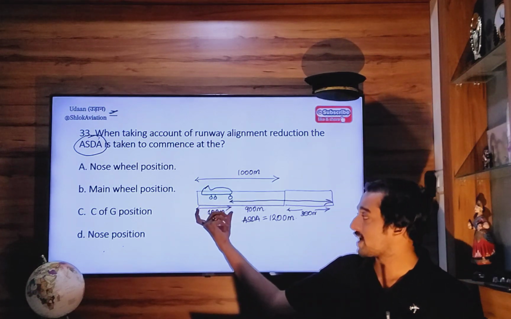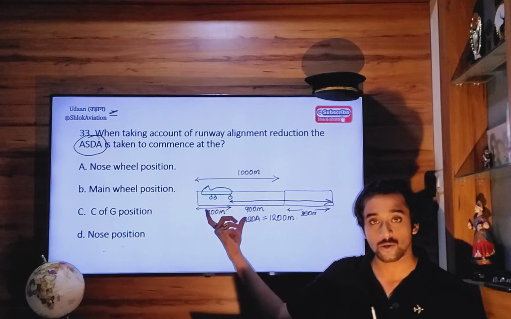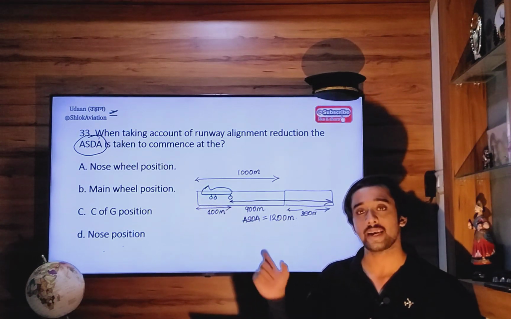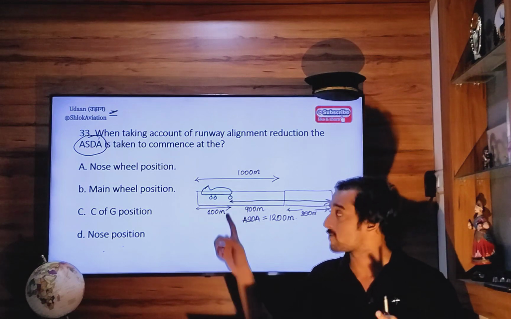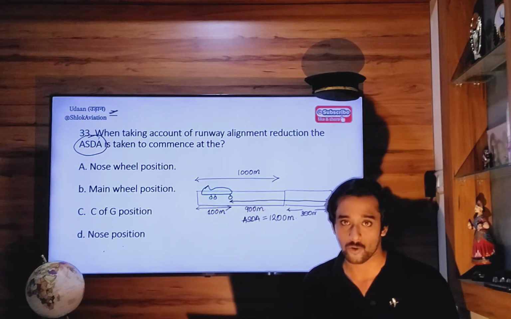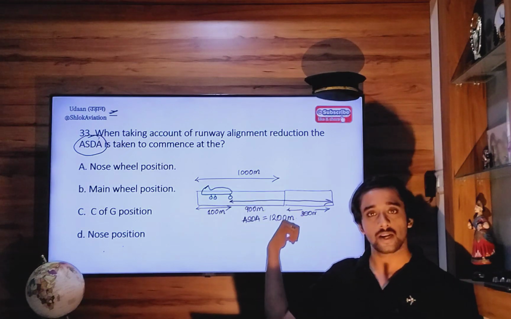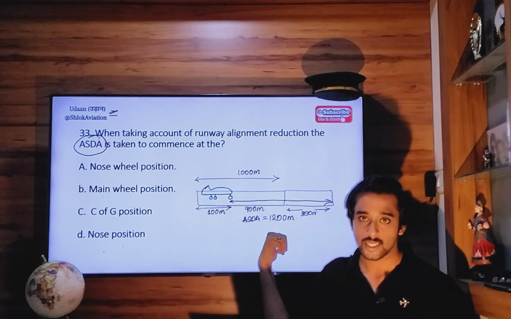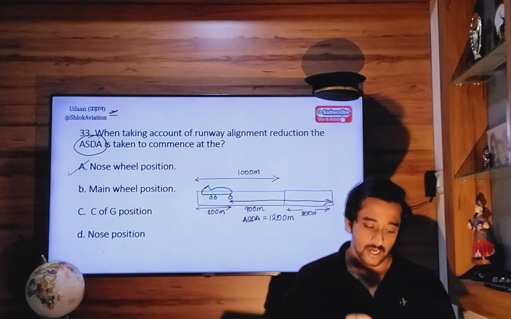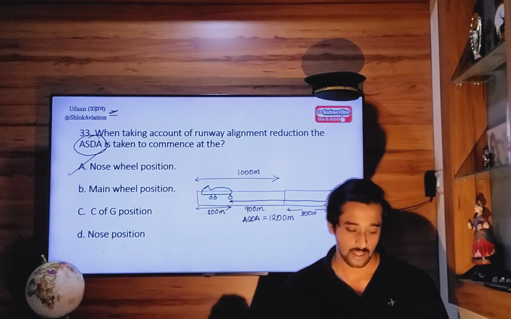You will subtract this 100 meter used by the aircraft in lining itself up with the runway, and you will only add the available runway distance out of the total 1000 meter, which you can actually use for the purpose of takeoff roll. And that is 900 plus 300, so 1200 meters. Okay, so it depends question to question. So the correct answer here is nose wheel position.